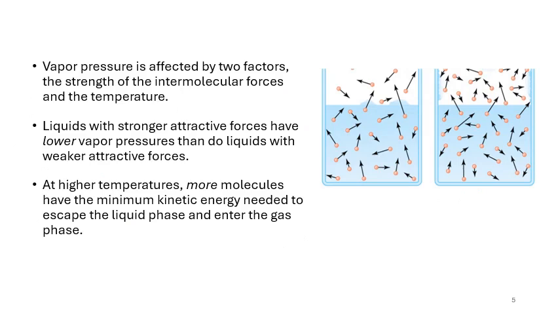Thus, the vapor pressure is affected by two factors. The first one is the intermolecular force of attraction, that is the attraction between the particles, and the second factor is the temperature. When the intermolecular force of attraction between the particles is less, it is easy to break that attraction. If it is weak, it is easy to break.